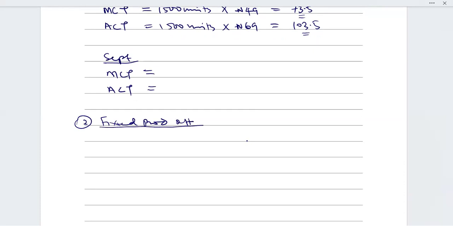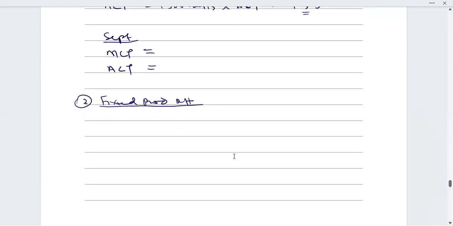Like I said, the fixed production overhead is based on the budgeted output under marginal costing approach. So I go back to the question: what is my budgeted output? After the first table, the next paragraph says that normal output is 16,000 units per annum. If you use the entire 16,000 units to calculate your fixed production overhead for the period ending March, then you are going to get it wrong.